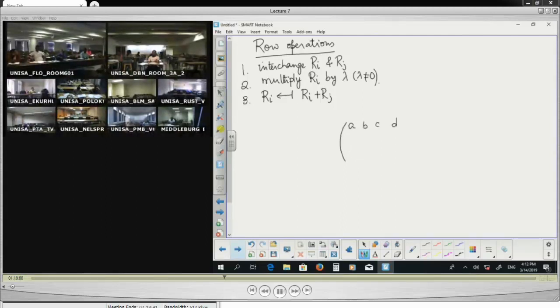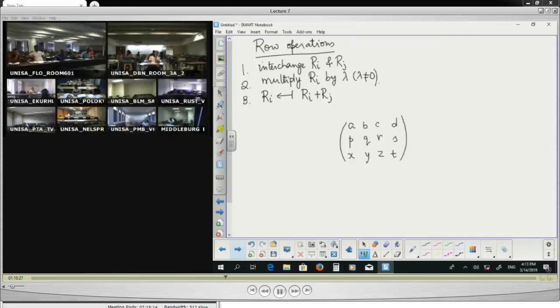Okay? I want to change the first and the third row. What do I do? When I say one interchange with the other, can I do it by matrix multiplication? Why?